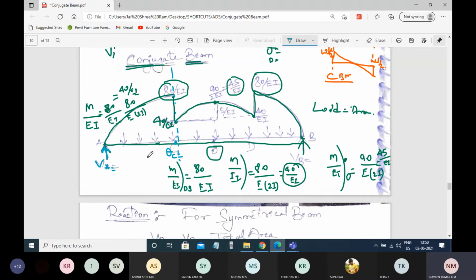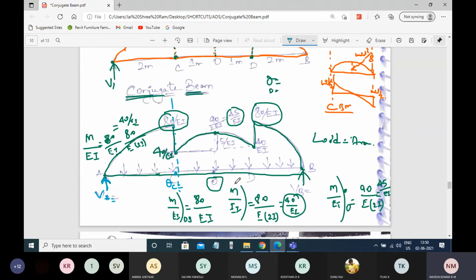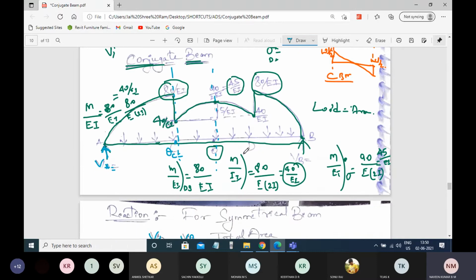We know already that VA equals VB because of symmetry in loading. If I consider this half of the part, it is the same as this half part, so it is symmetrical loading.